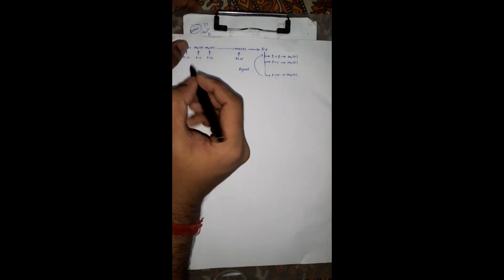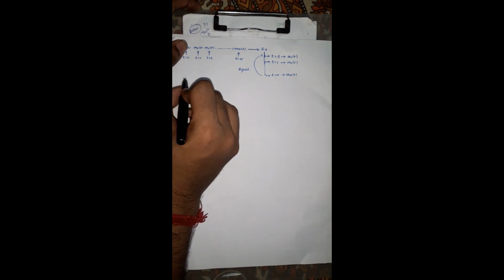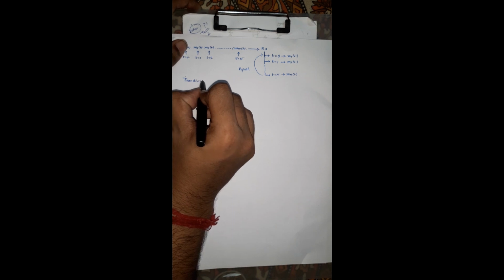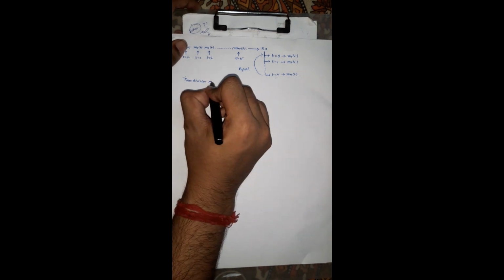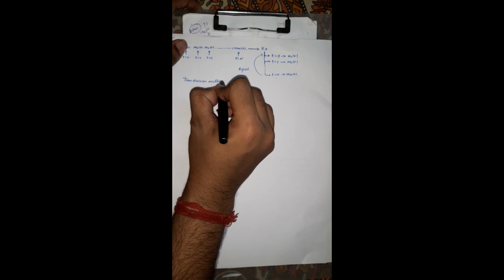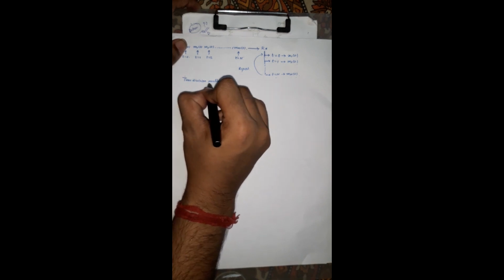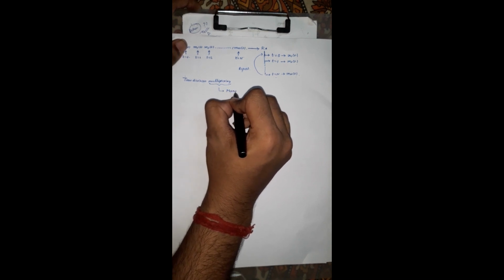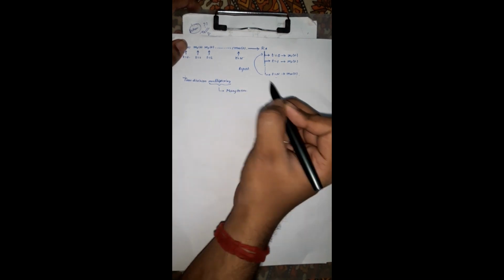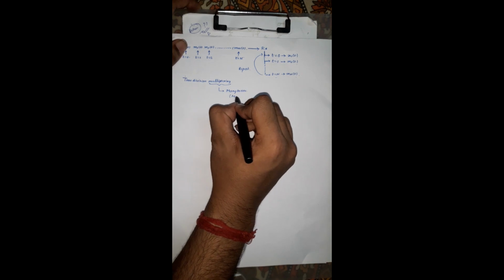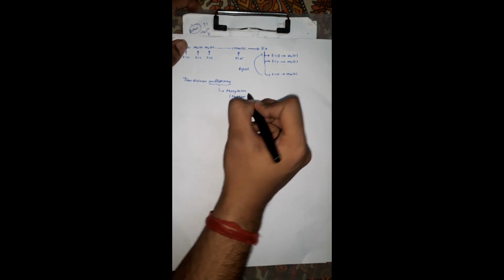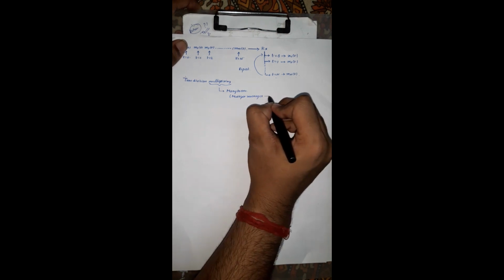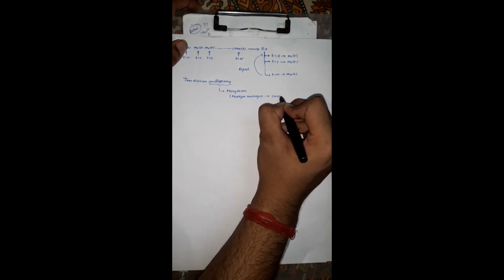Okay, TDM means time division multiplexing, that is, there are two terms actually. Multiplexing, what does multiplexing mean? That is many to one, that is, we are sending multiple messages through the same channel, but a single channel.